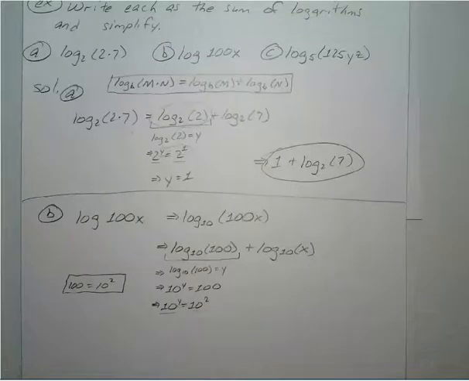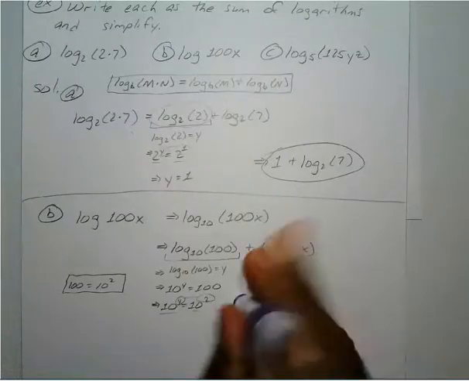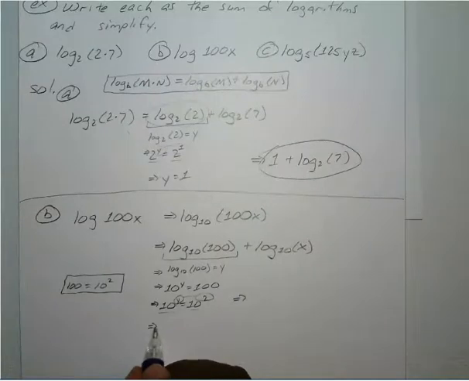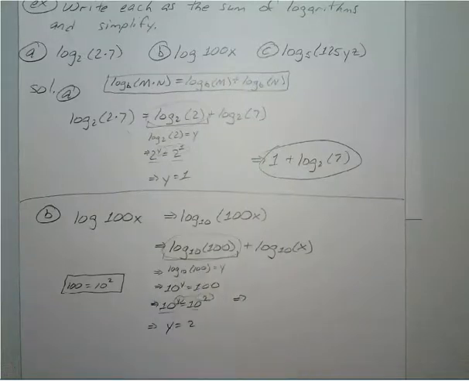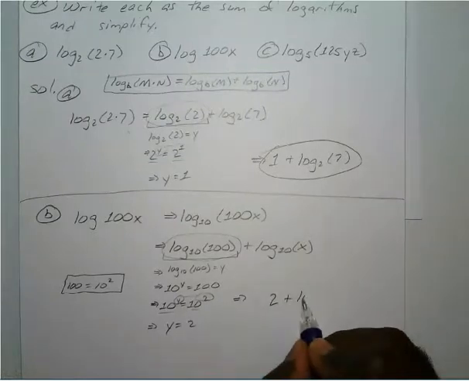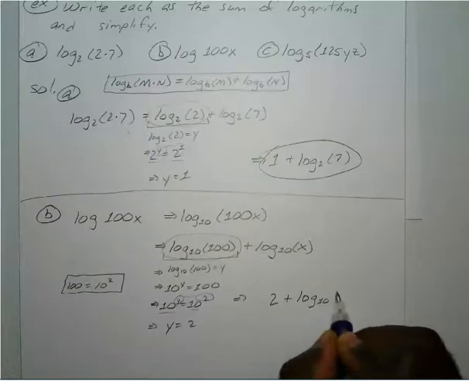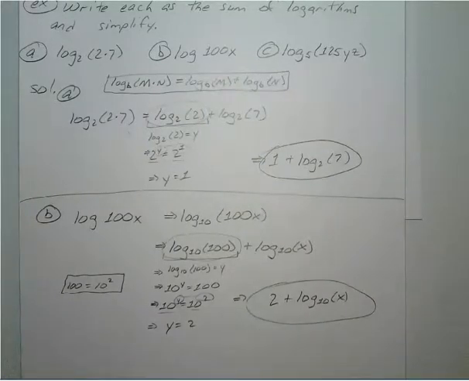If your bases are the same, your exponents have to match, so y equals 2. This entire term is equal to 2. So that gives us 2 plus log base 10 of x, because log base 10 of x can't be simplified any more than that.